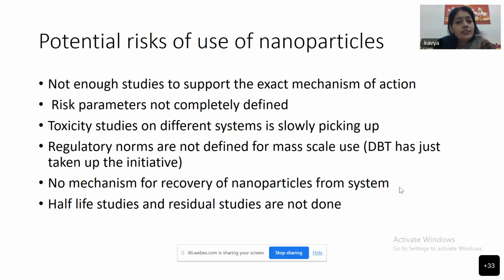And then there is no mechanism for recovering nanoparticles from the environment. Now, at this point, you'll be surprised that we don't have a recovery mechanism. Suppose we have arsenic unleashed in the environment, in the soil. What mechanism do we have to collect the entire arsenic from the soil and stop it from spreading further?